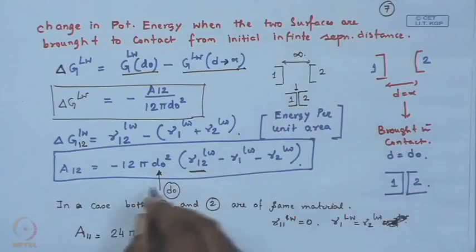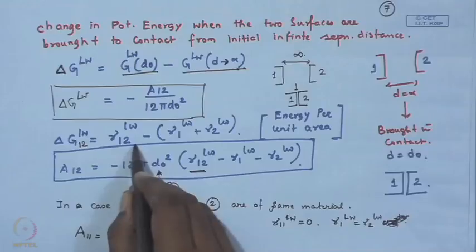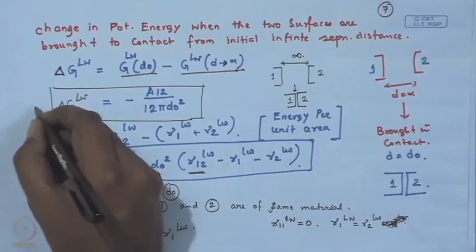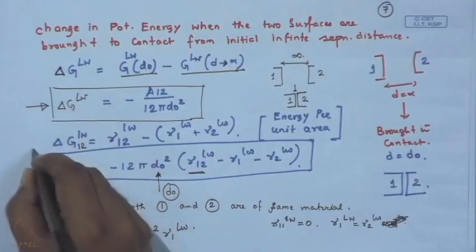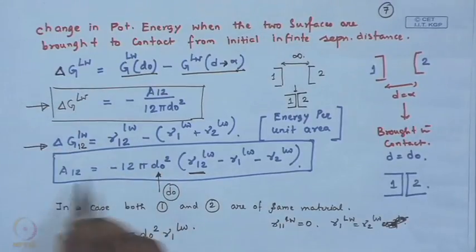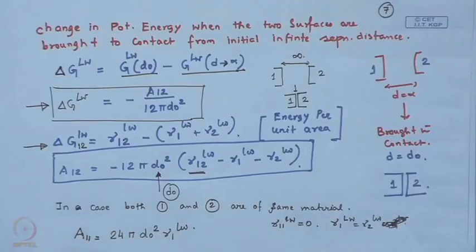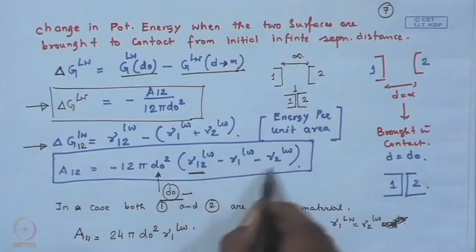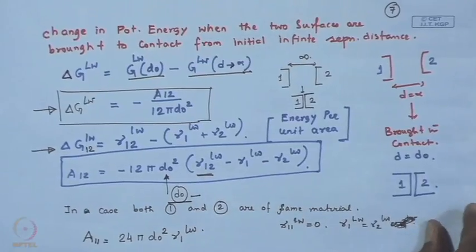So, we know from macroscopic surface tension this can be considered as gamma 12 LW minus gamma 1 plus gamma 2, both the LW components. The situations match if there is no other interaction. So, in that case one gets A12 is equal to this. So, if d0 somehow can be measured, then everything else can be macroscopically measured.